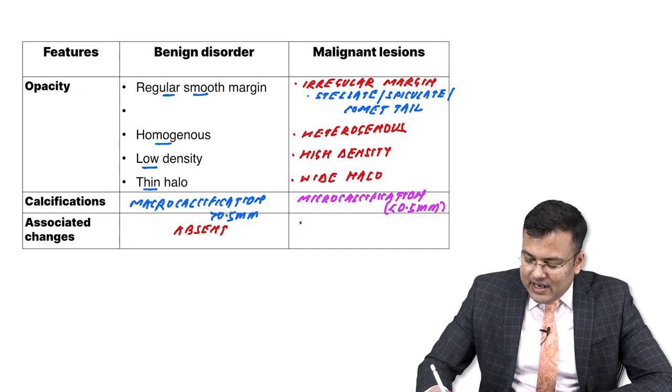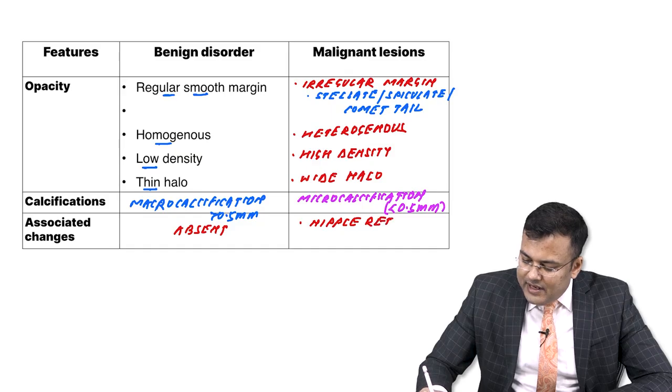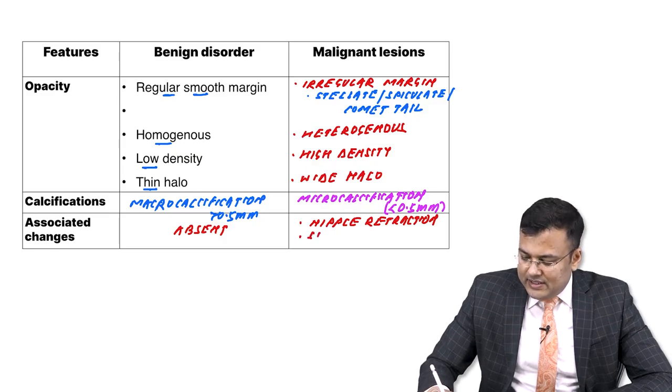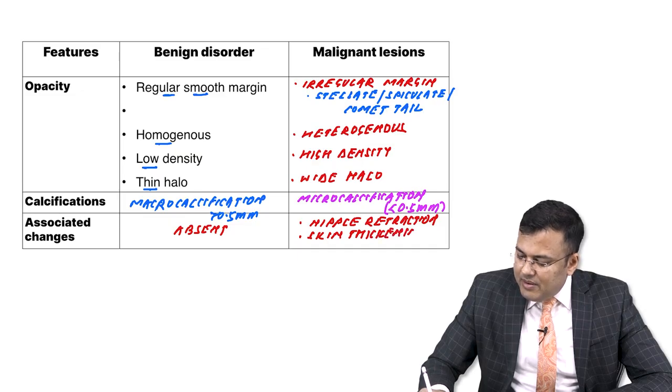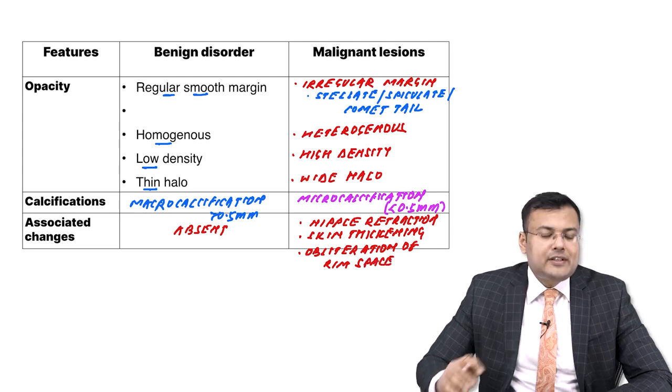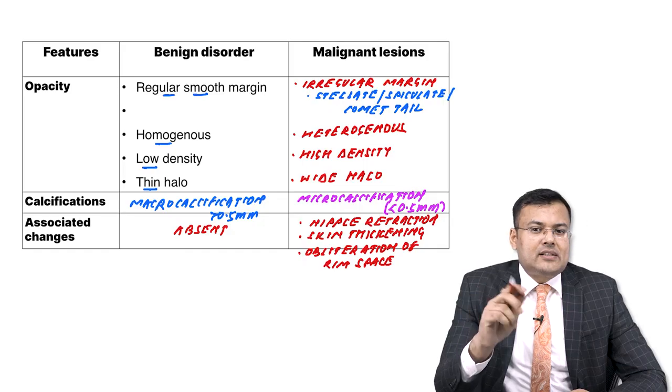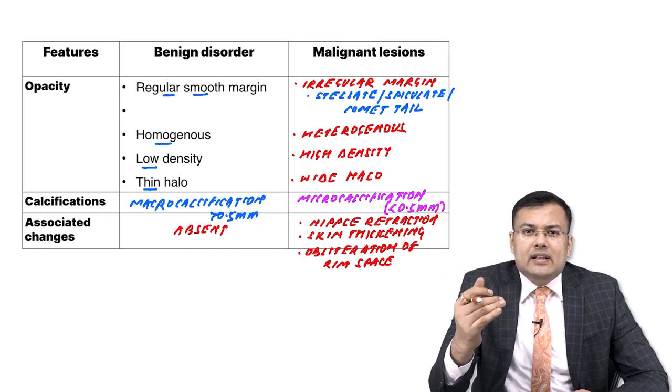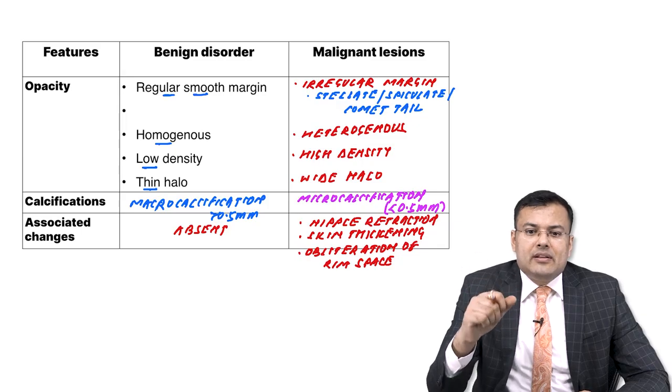The questions which are asked: irregular margin, stellate, spiculate, comet tail margin.